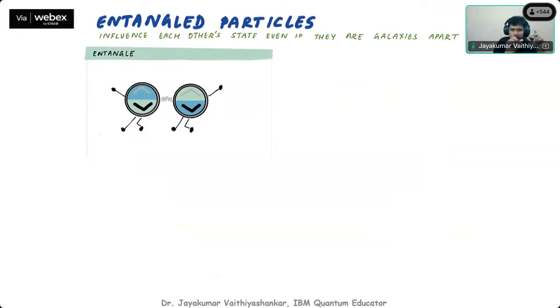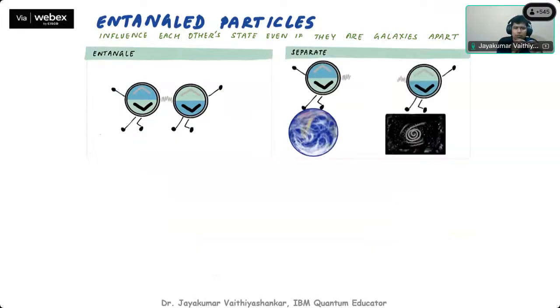Okay, so we are taking two quantum particles. It could be an electron, a photon, an ion, or any subatomic particle. What we are doing is trying to make a strong correlation between them. After creating the strong correlation in the laboratory, we separate them.